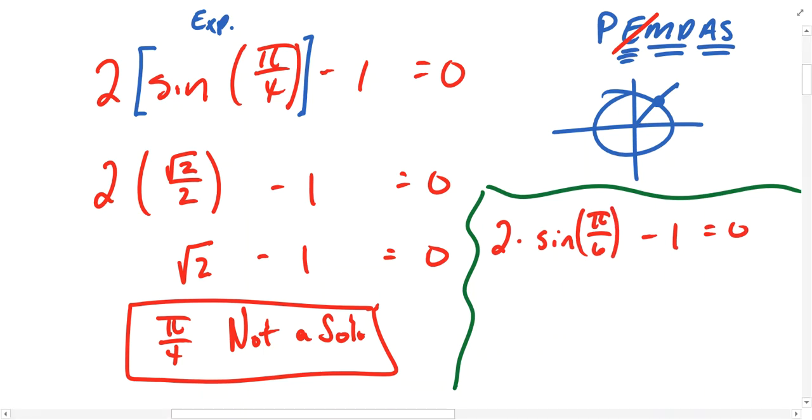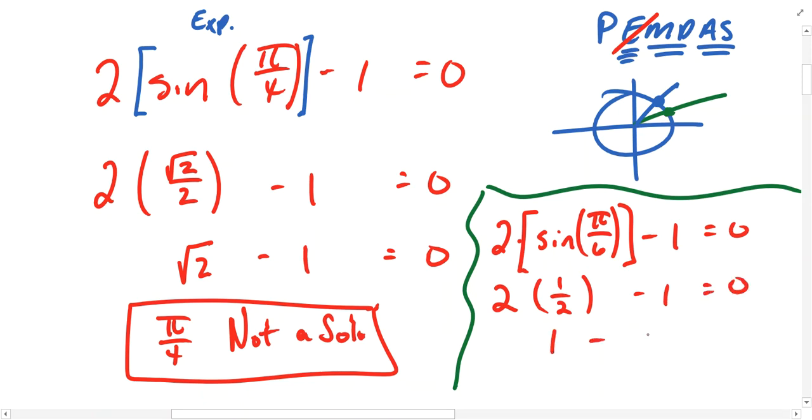Now, pi over 6 is the first angle measure right here before that pi over 4 measurement, and the y-coordinate here is 1/2. So after I make my substitution here, after I complete this simplification, we've got 2 times 1/2 minus 1 equals 0. Oh, well, 2 times 1/2 is 1, and 1 minus 1 is 0. So yes, we can say that pi over 6 is a solution.